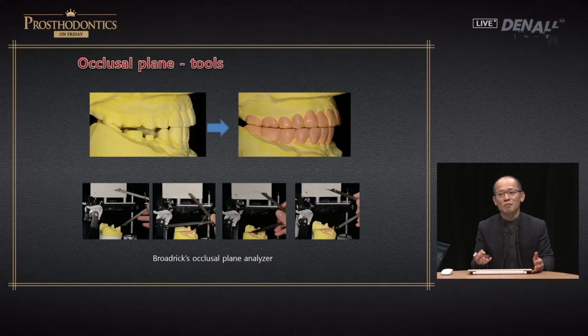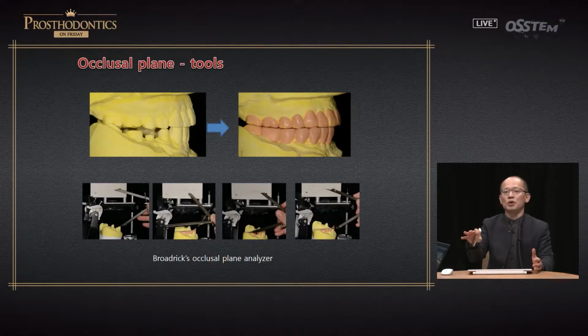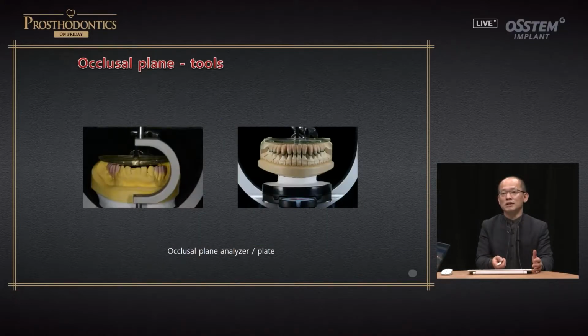There are tools you could use. The Tunnel series is an occlusal plane tool, and with it, both sides symmetrically on the central line, at the same height, there can be some evenness, and the tools can give you that.